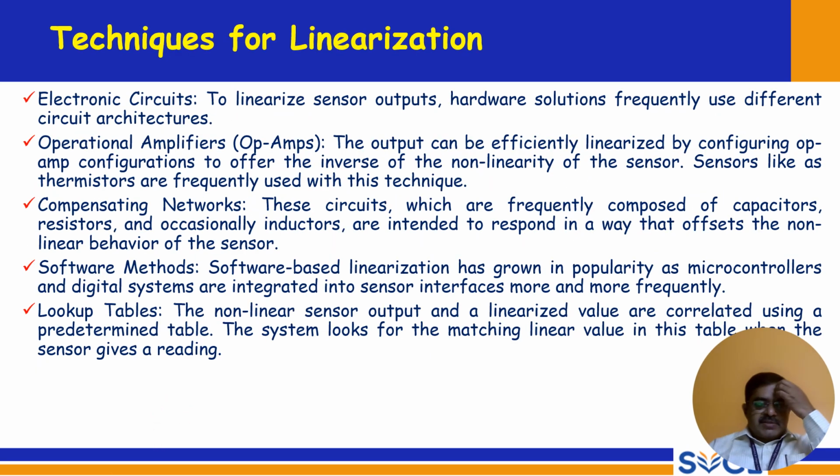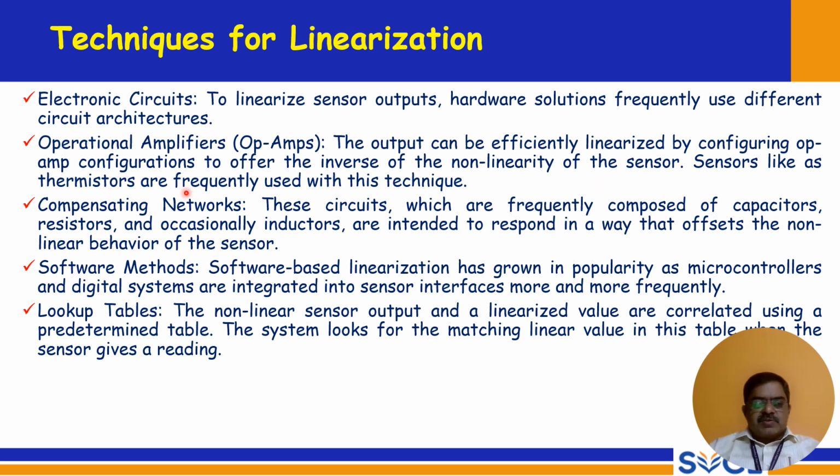Techniques for linearization using electronic circuits. To linearize sensor outputs, hardware solutions frequently use different circuit architectures. Op-amps are also used for linearization. The output can be efficiently linearized by configuring op-amp circuits to offer the inverse of the non-linearity of the sensor.